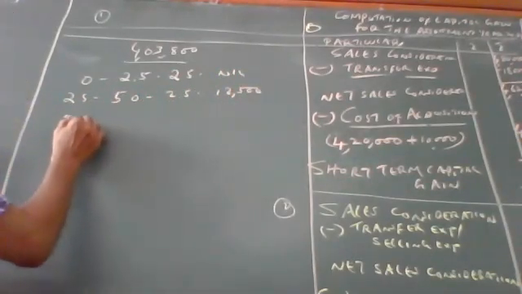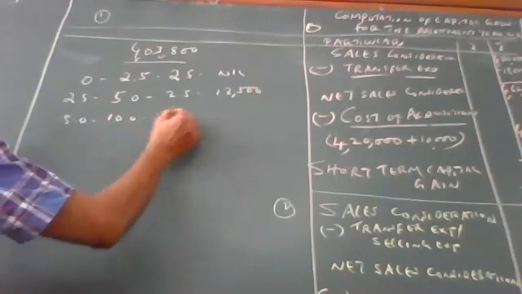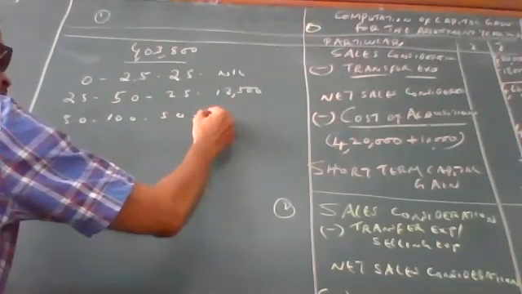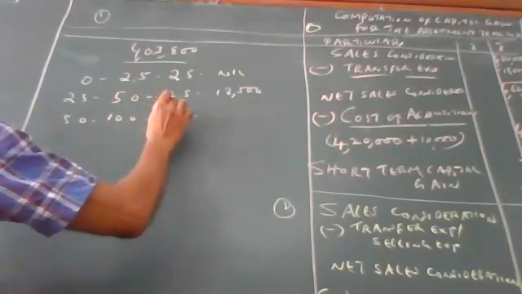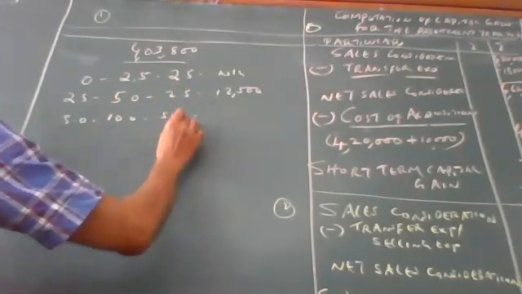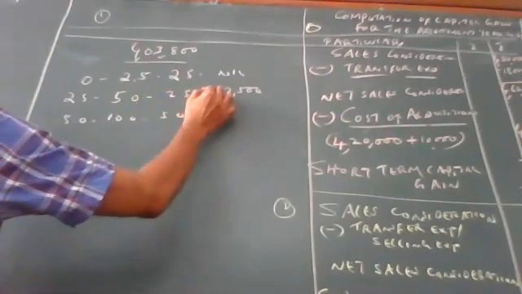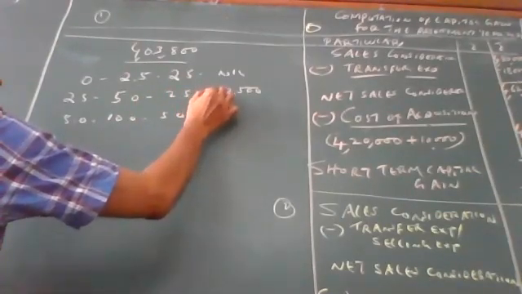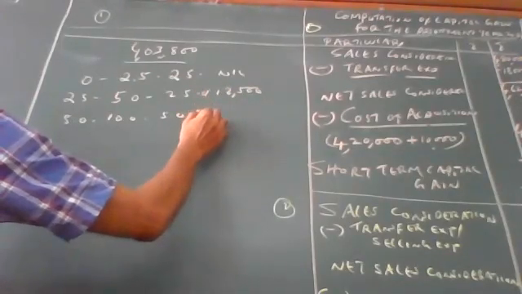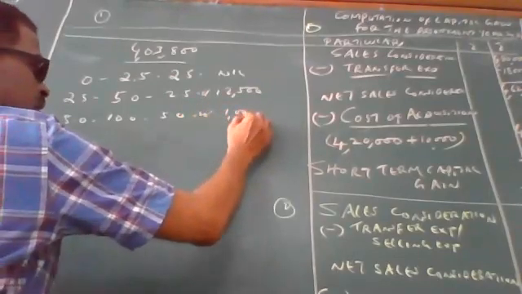Then 5 to 10, the difference is 5. The tax rate is 20%, so 20% on 5 lakhs is 1 lakh.